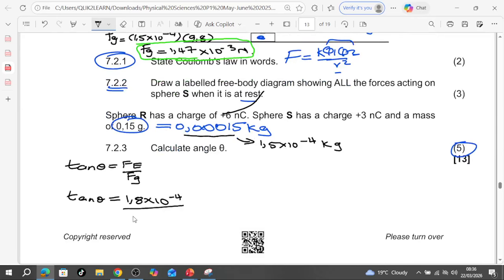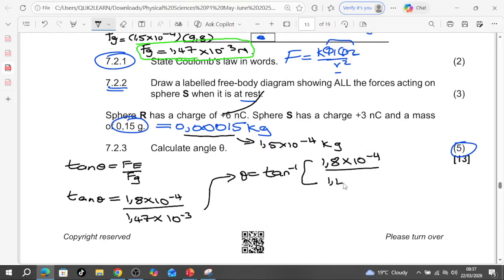Therefore, I'm just going to leave it at this and say theta is equal to the tan inverse of everything. The tan inverse of 1.8 times 10 to the power minus 4 over 1.47 times 10 to the power negative 3.